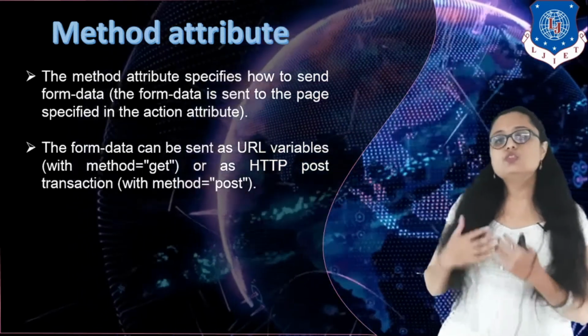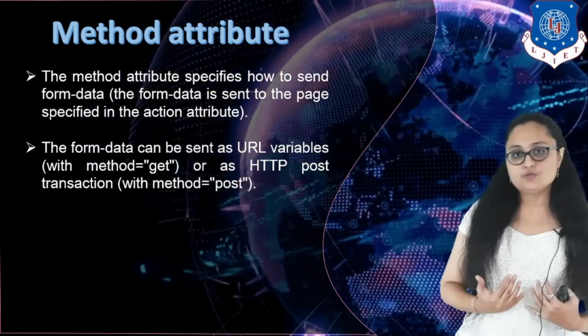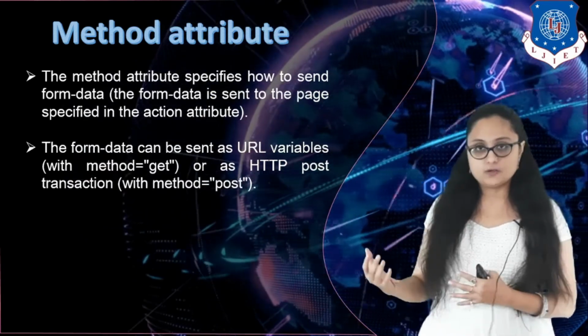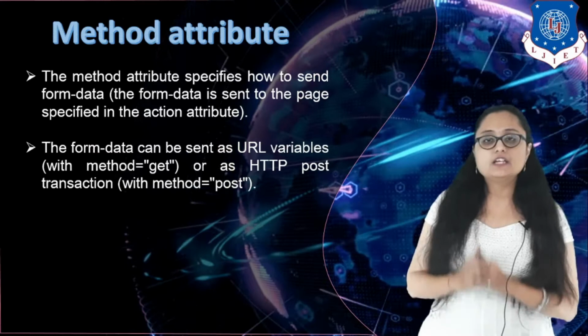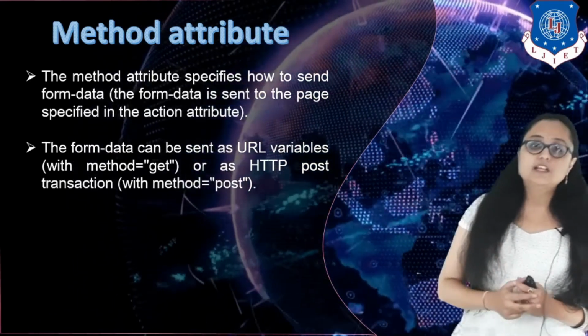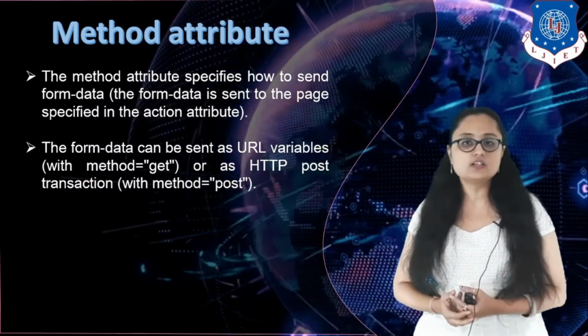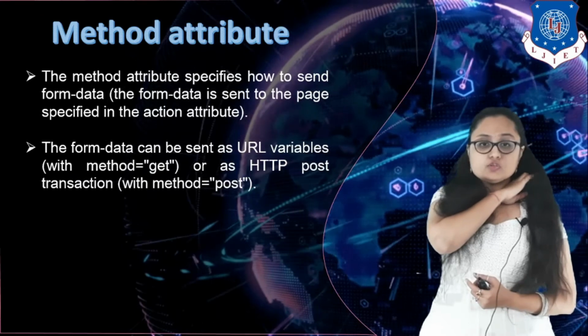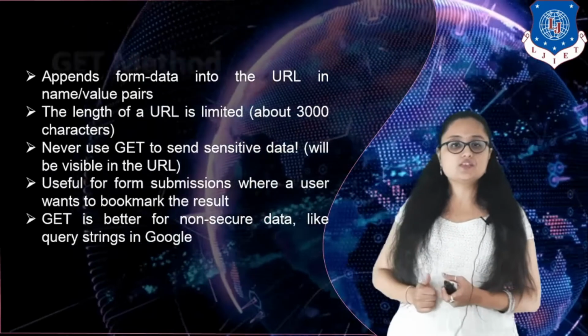So what is the method in which you are sending this data? Basically there are two methods that you are going to use. The first one is the get method and the second one is the post method.